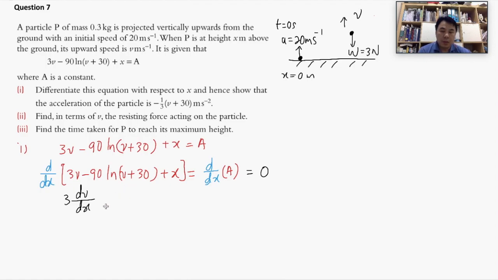This one is actually negative 90, that would be 1 over (v plus 30) dv/dx. And then the last one is quite direct, which is 1 equal to a 0 there. Okay, so I hope that is clear at this point.